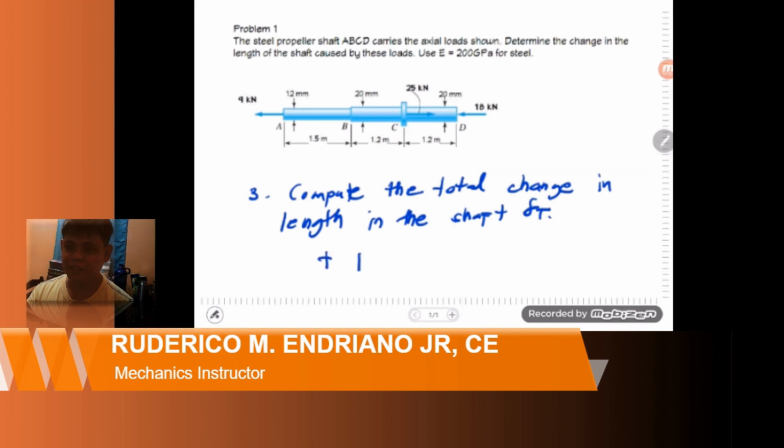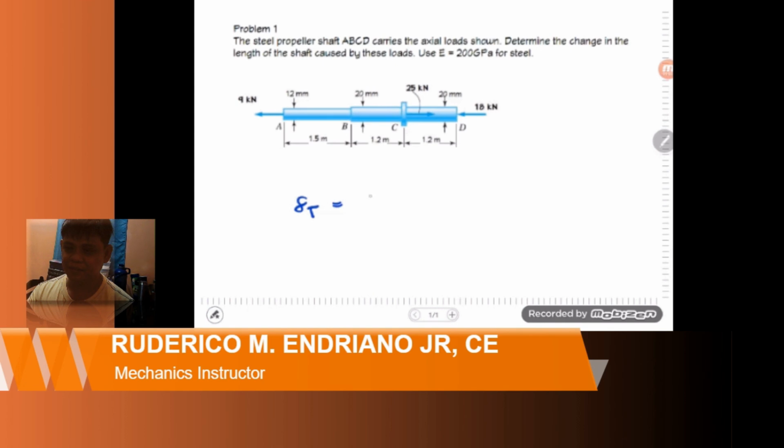We have to use positive for elongation and negative for contraction to distinguish the two types of deformation. So now the total change in the length of the shaft is equal to the change in length for segment AB plus the change in length for segment BC and the change in length for segment CD.